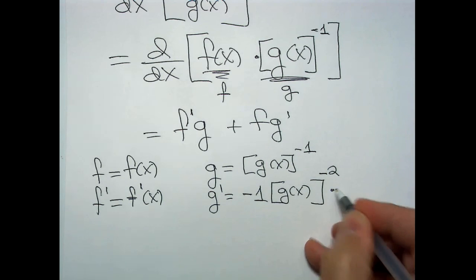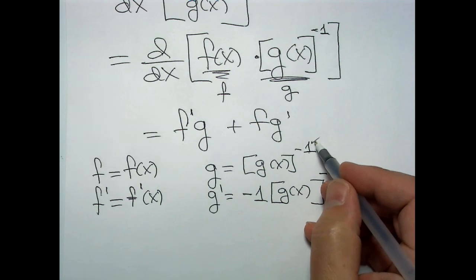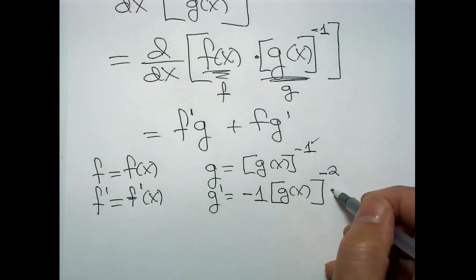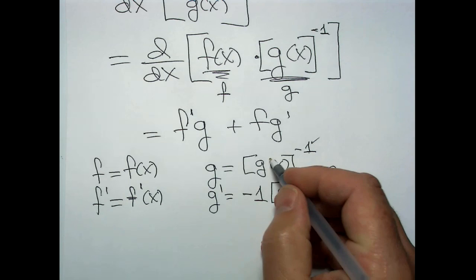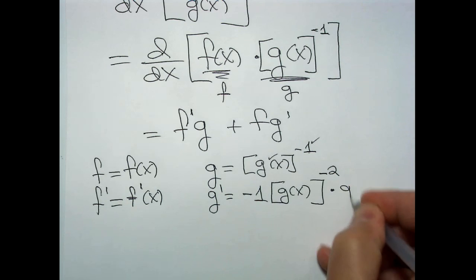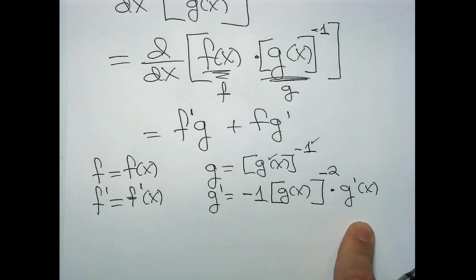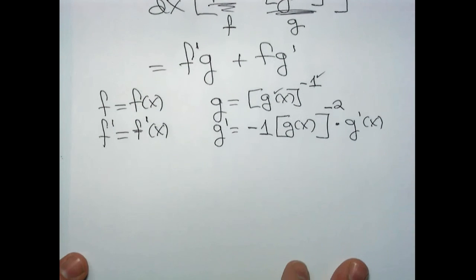And right here, this is the only thing you don't know about yet. I've taken the derivative of basically the exponent portion of the problem, and then a chain rule actually puts another derivative, which is the derivative of the function itself, and that would be, in this case, g prime. So that's one you're just going to have to accept for now. Later, when we learn the chain rule, you will see that it is correct.